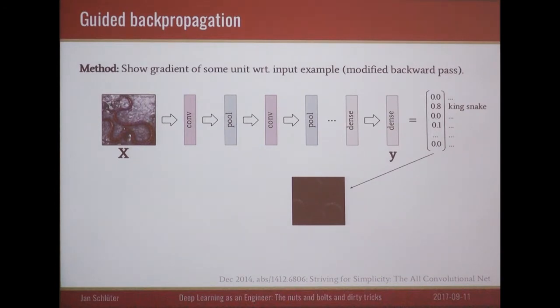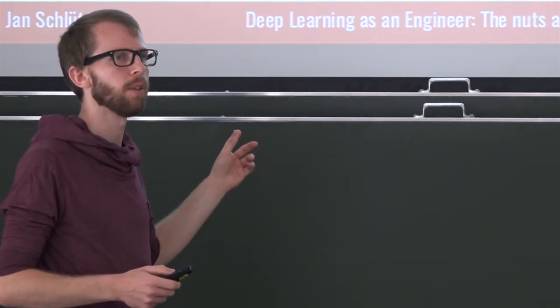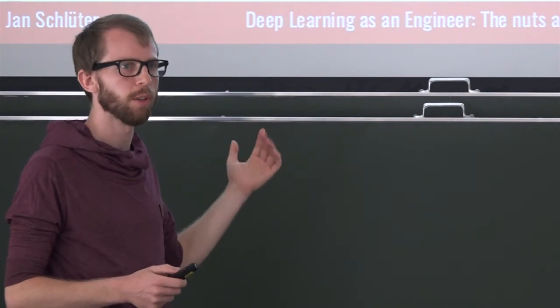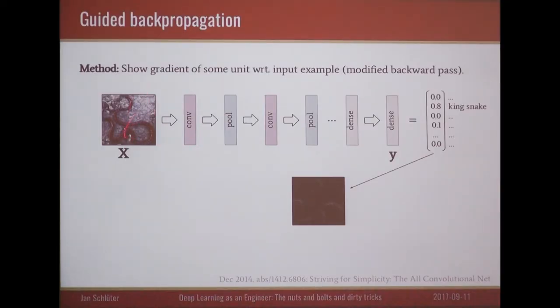And another way is to compute the gradient of some unit with respect to an actual training example. So it's the same idea as before, but instead of computing it for a random input and modifying the input, we take an actual training or test image, and we compute the gradient of the output with respect to the input.